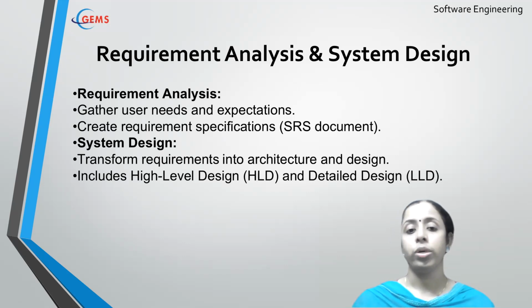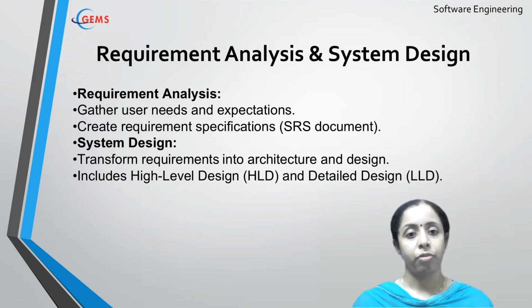There are mainly 2 types of designing process. That is high level design and detailed design. Detailed design we can also call low level design. So what is high level design? High level design is the architectural design or overall system design. It provides overall information or an overall structure of the system.